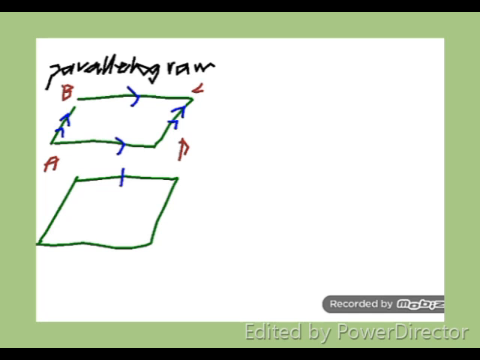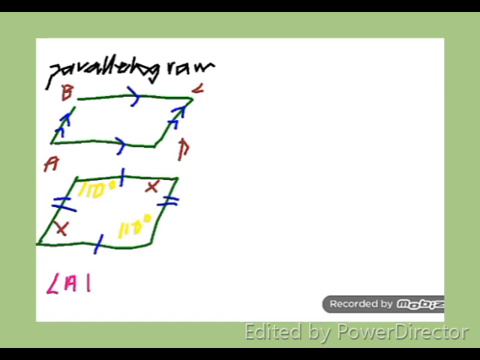Parallelogram has also two pair of equal side, wherein side BC and side AD is congruent and side AB and CD is congruent.